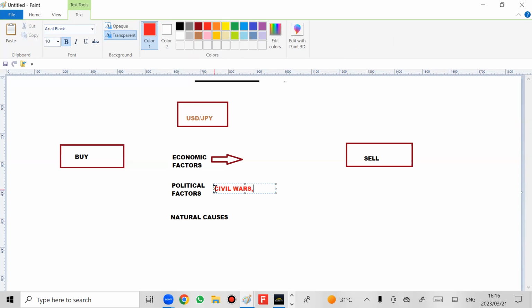Crime rates, yes, everything. Crime rates, civil wars. So all these are political factors, and also political instability. Let's say political instability, for example, it can contribute to your currency doing what? To lose value. Yes.